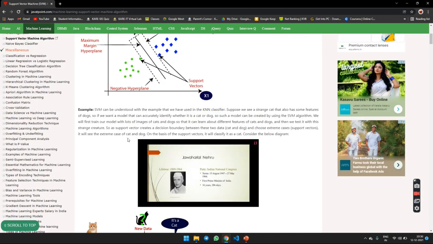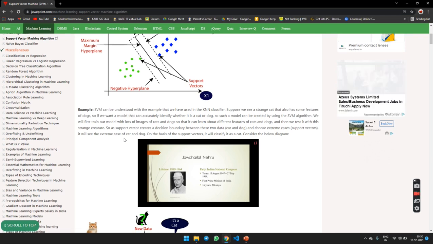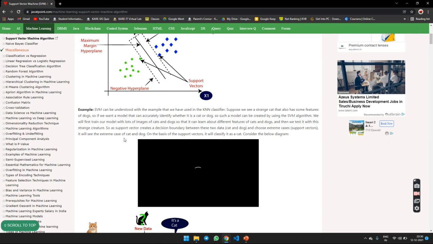Example of SVM: we can understand it with the example of the KNN classifier. Suppose we see a strange creature that also has some features of a cat and a dog, and we want a model that can accurately identify whether it's a cat or a dog. Such a model can be created by the SVM algorithm.